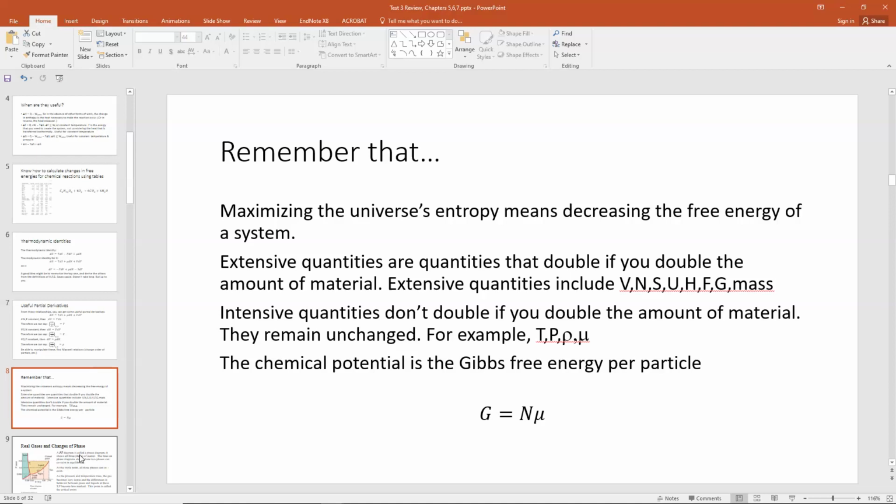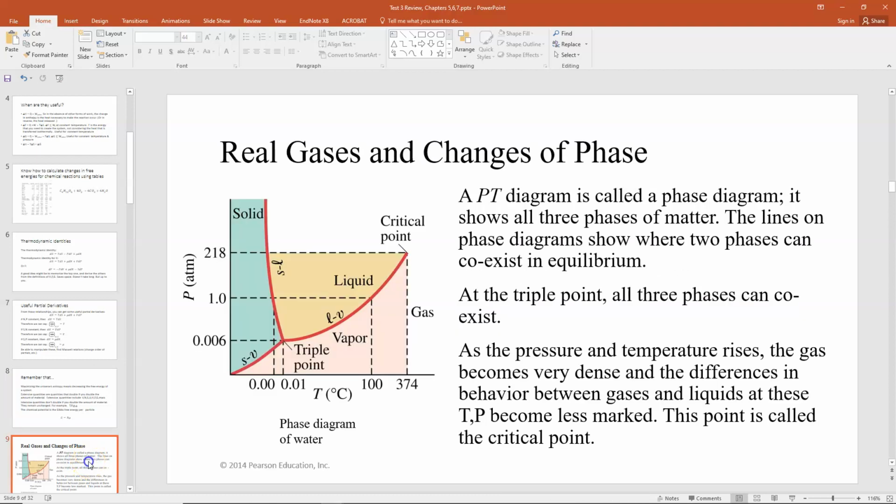They remain unchanged, like the temperature, the density of a material, like a mass density, or the chemical potential. And then we came up with a way to wrap our heads around the chemical potential: it's the Gibbs free energy per particle, because you could write G equals N mu. So that's one way to wrap your head around it.